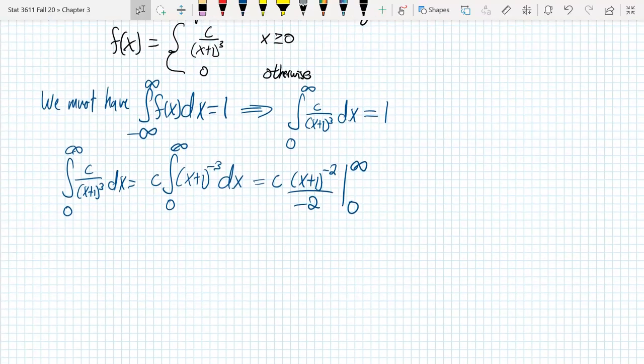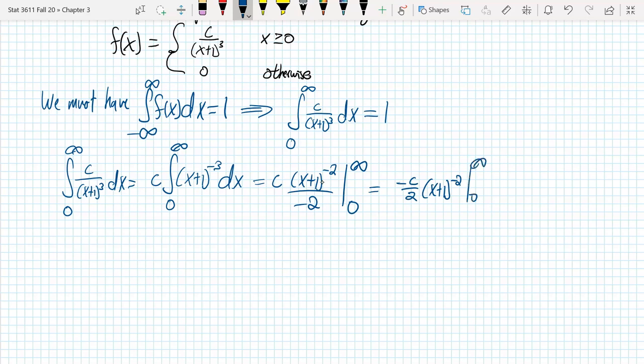And so let's clean this up a little bit. We've done the calculus, or the antiderivative. So let's make this a little bit easier to evaluate. We have negative c over 2 times x plus 1 to the minus 2 power, evaluated from 0 to infinity.